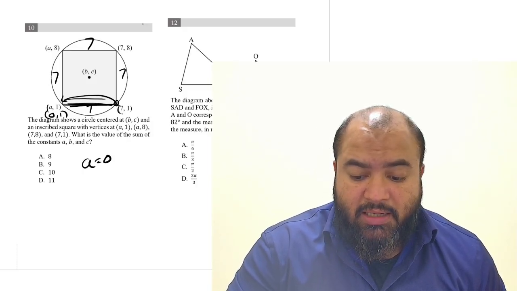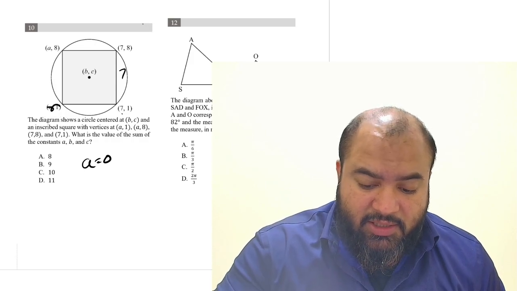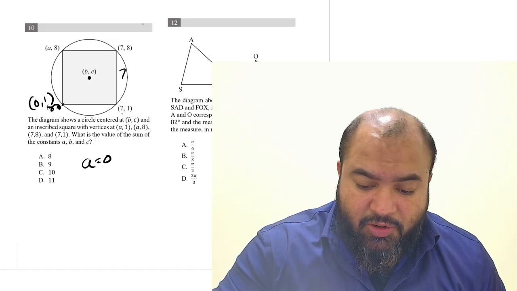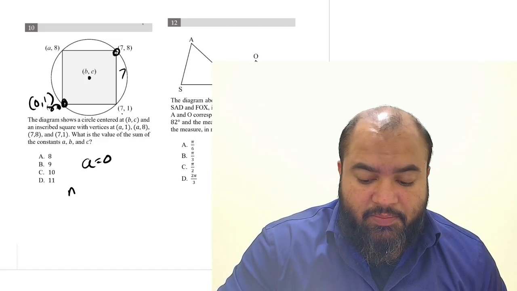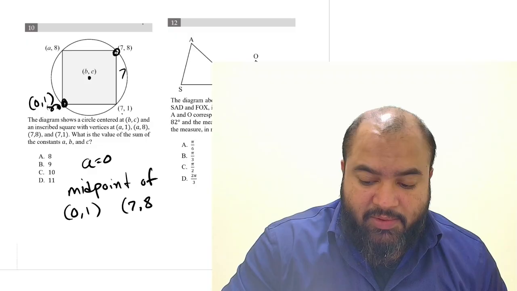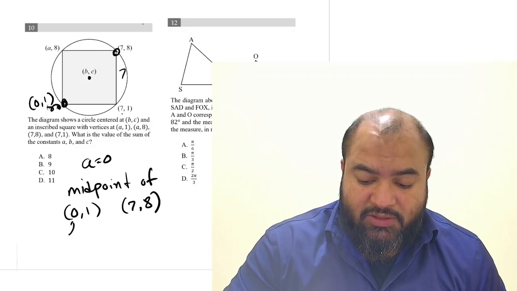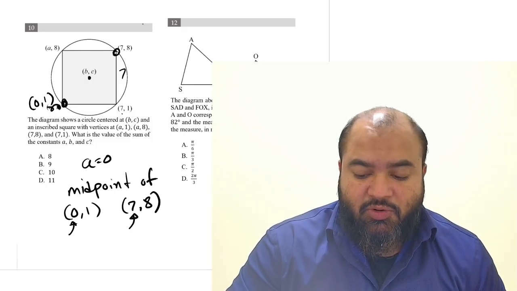And now how do we find B and C? Well, since I know a is 0, it is 0 comma 1, and B is the midpoint of this and this. So midpoint of 0 comma 1 and 7 comma 8. How do you find midpoint? You take the x coordinate of the first pair plus the x coordinate of the second pair.